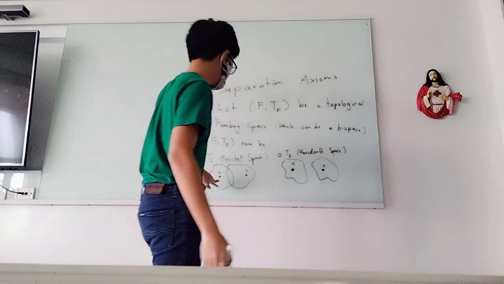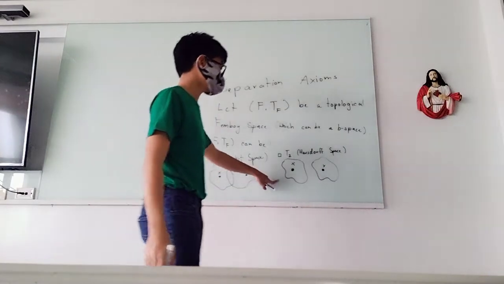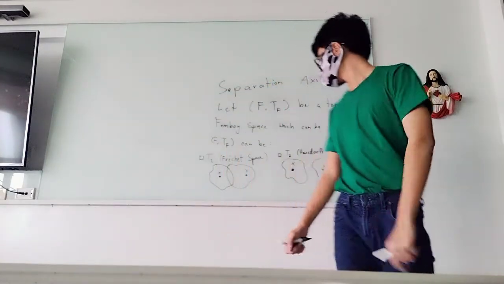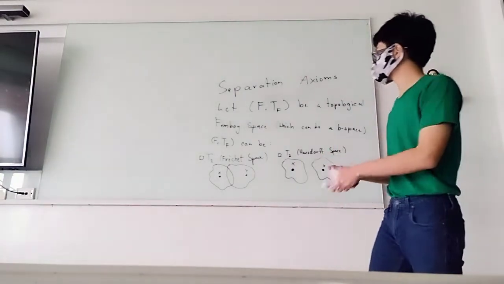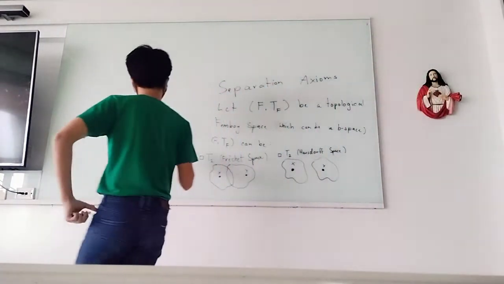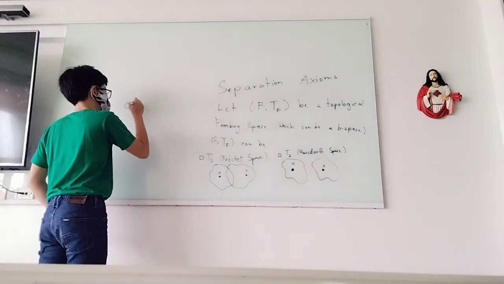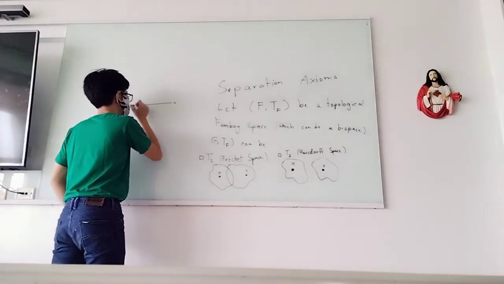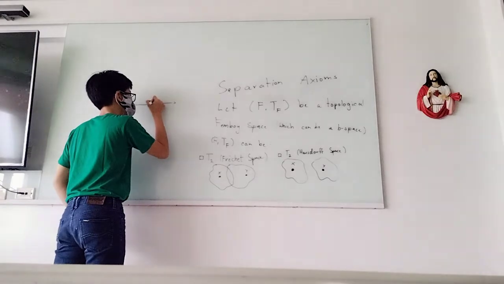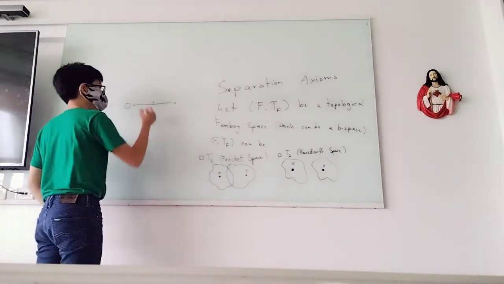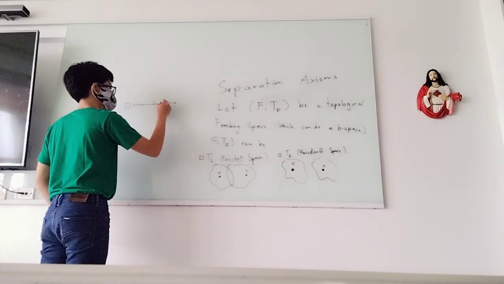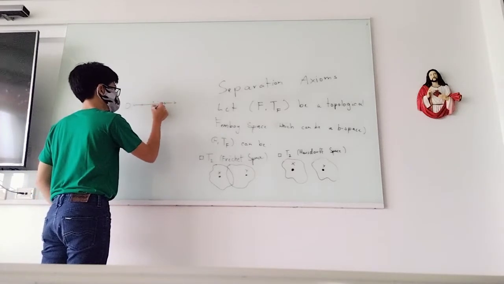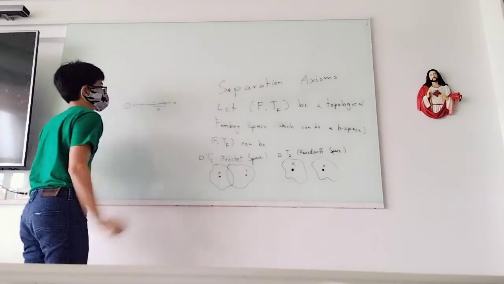And just so you know, if I don't shade it, that means it's an open neighborhood, so it's an open set around x. Suppose we have just our interval here, and then a point x. A neighborhood would be something like an epsilon ball around x, so this is a length epsilon.